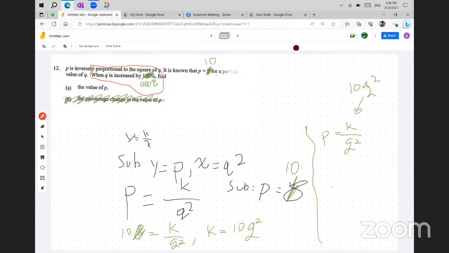This is the part where the English is very annoying, but hold on, understand it, and you'll be fine. So look, let's pretend that Q is 2. When you increase 100%, what does it become? It's 8, right?